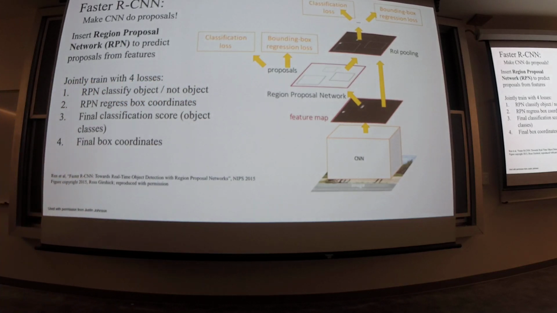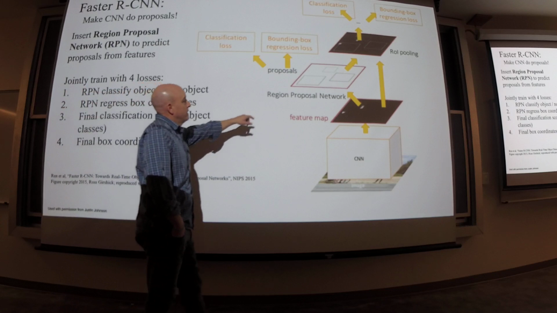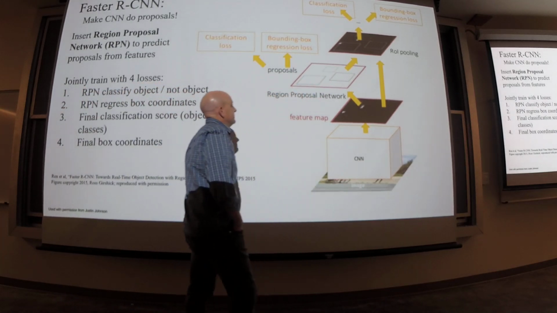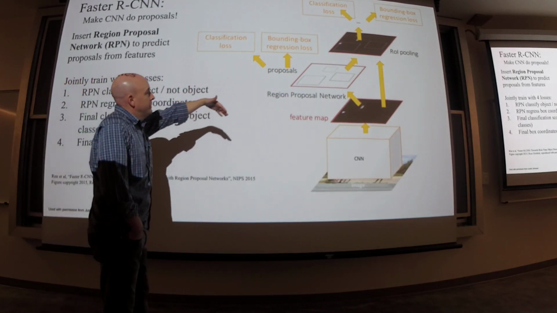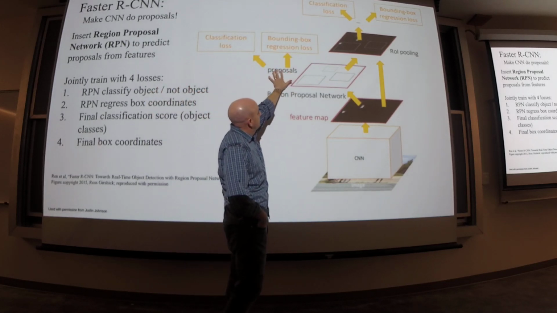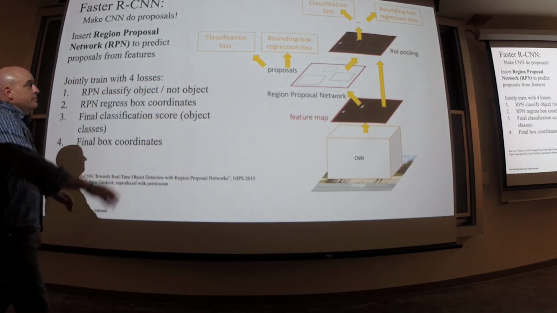So what you have is a network for producing all of these coordinates. It has its own set of heads, and it's trained with exactly the same losses.